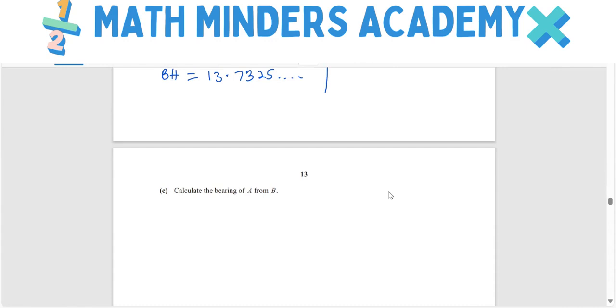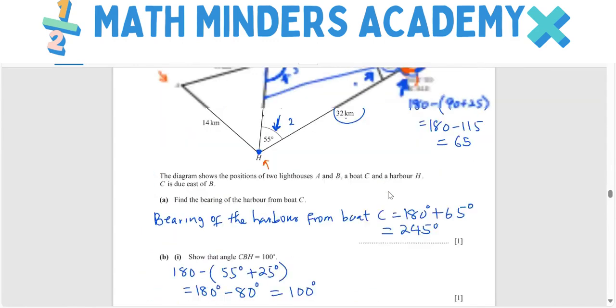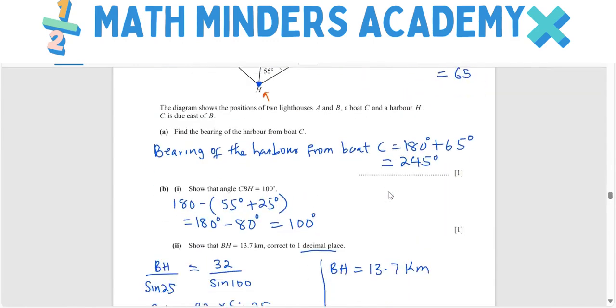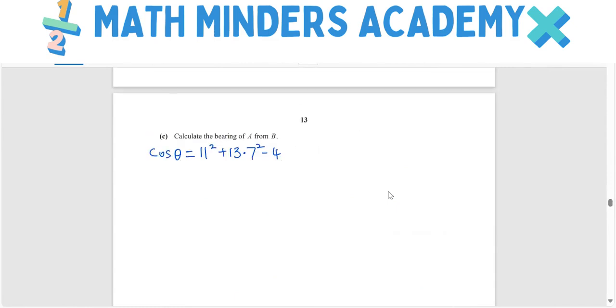So here, I'm going to say cos theta equals 11 squared plus 13.7 squared minus 14 squared. Let's look at those sides again: 13.7, and the other side is 14.